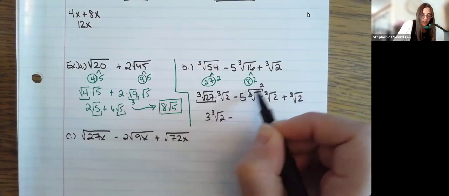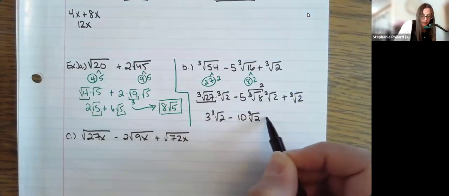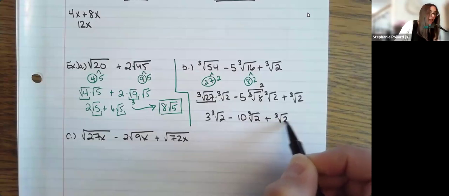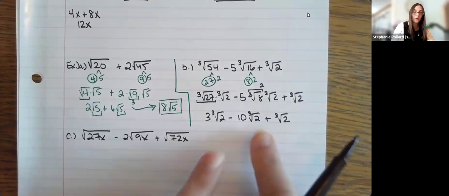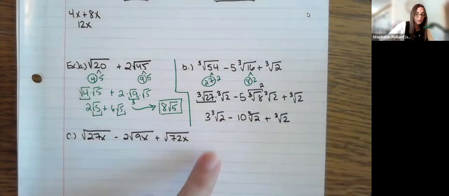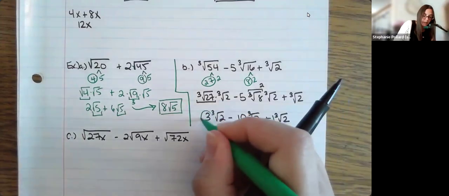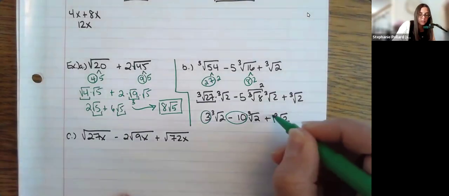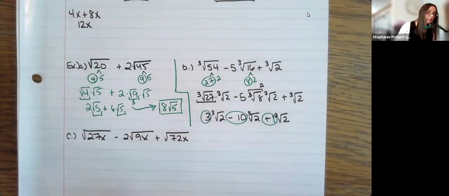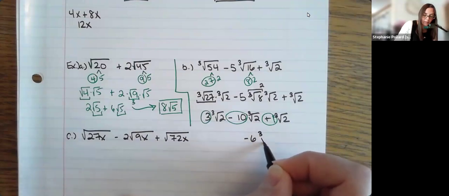This is all being multiplied. So that would be 10 with the cube root of 2 left, and then plus 3 and the root 2 as well there. Now notice that now they're all the same. Don't forget, if there's nothing out front, there is a 1. So I have 3 minus 10 is negative 7, plus 1 is negative 6. So this becomes negative 6, and then cube root of 2.